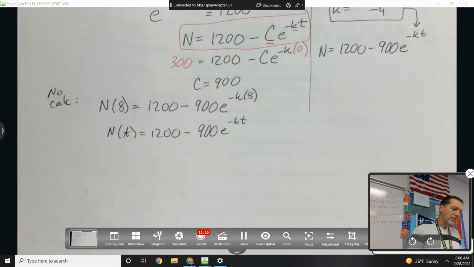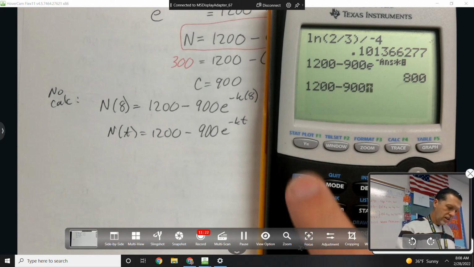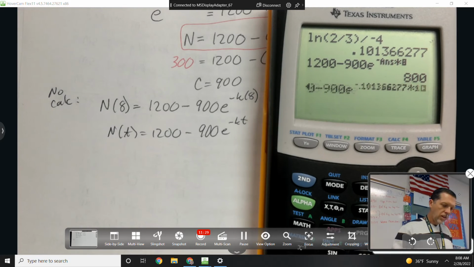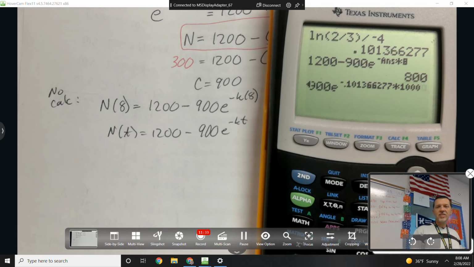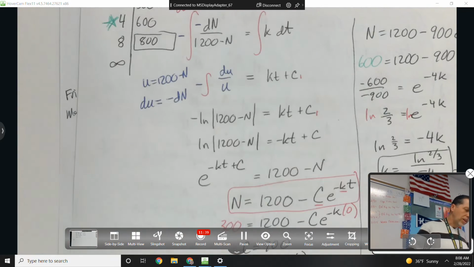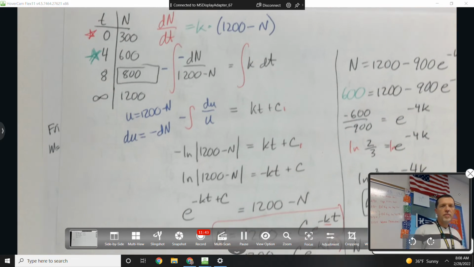Actually, if I didn't have a calculator, I wouldn't be able to do this maybe, but 1200 minus 900 e to the negative k times, I don't know, 1,000 years. That's a little excessive, but whatever. 1,200. So the maximum I'll get to is 1,200.